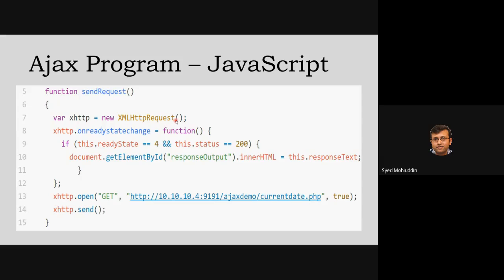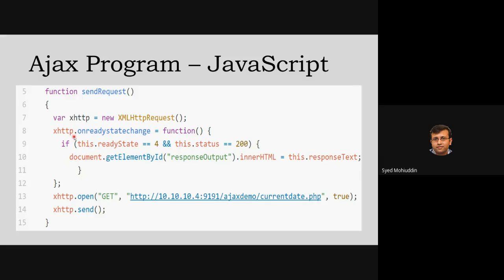Now the next thing is, using this HTTP object which we have created, this object of the type XML HTTP request object, there is a method, or actually an attribute, which says onreadystatechange. Now there are certain steps to be followed, so let us first look at it.